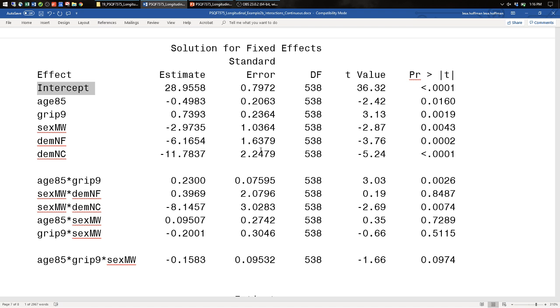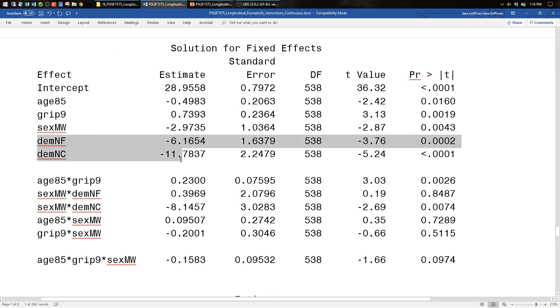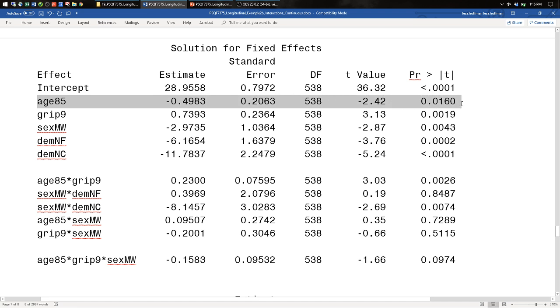Okay. We will focus on the dementia effects and their interaction with gender later. What I want to focus on are the age, grip, and gender main effects, two-way interactions, and three-way interactions. So let's start with age as one of them.